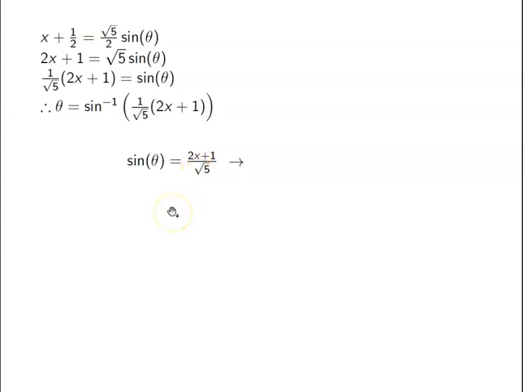Opposite over hypotenuse. So I'm going to build a triangle, right triangle. This is my angle. This is my right side. The hypotenuse is root 5, and the opposite side of my angle is 2x plus 1. Root 5, 2x plus 1.